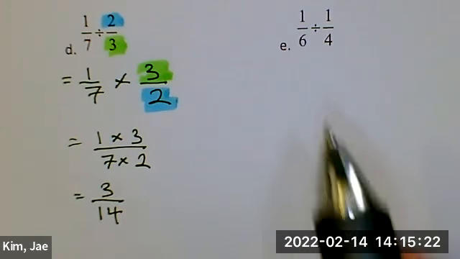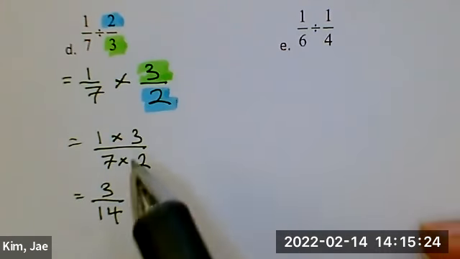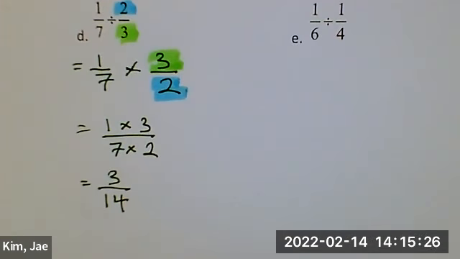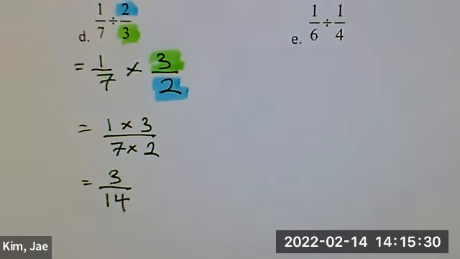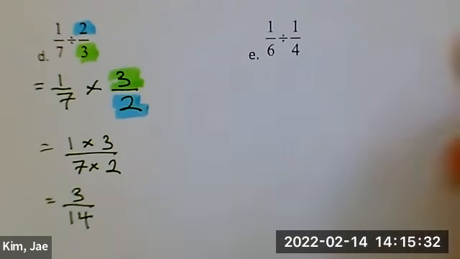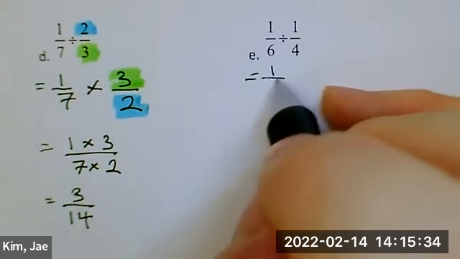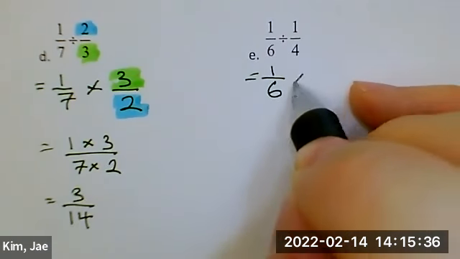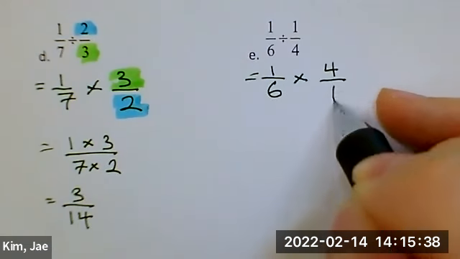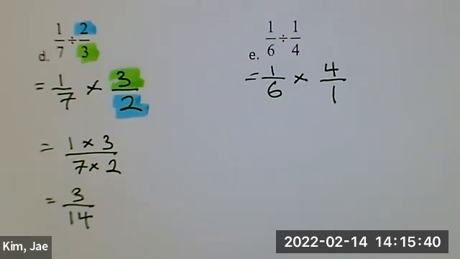Now, sometimes you will have numbers that allow you to simplify before you multiply everything. So let me explain. For E, I can rewrite it as 1/6 times 4/1, a reciprocal.